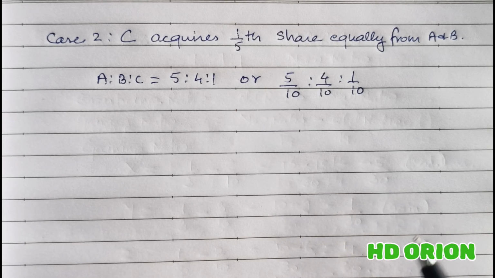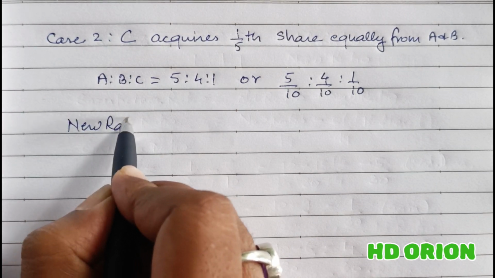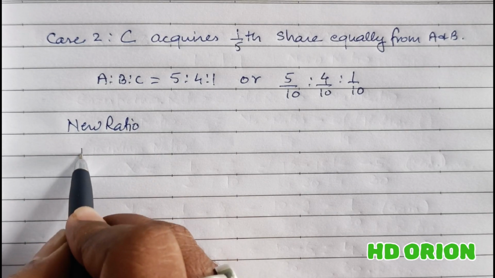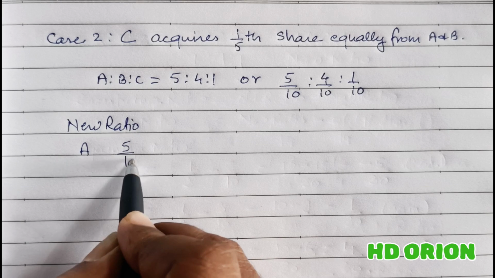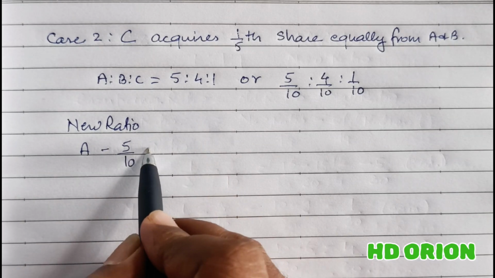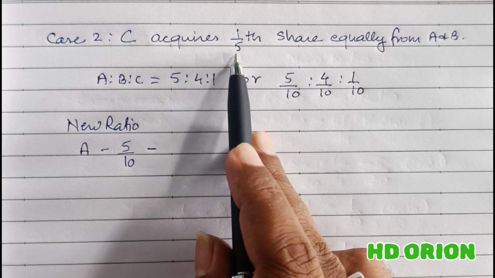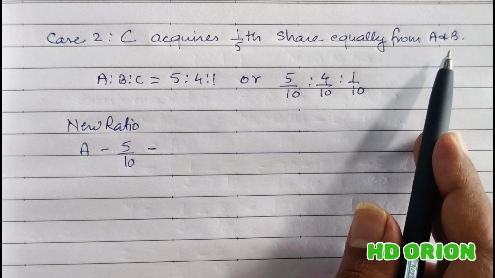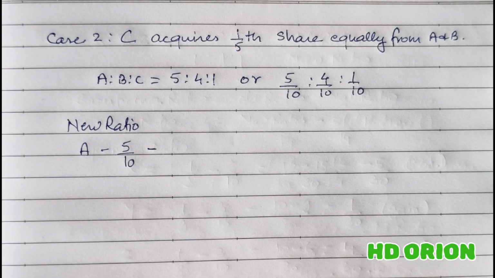So let us understand it when we calculate the new ratio. For A, earlier getting how much? 5/10. Okay, now A is sacrificing something because it is given here. Acquires means from A and B, means A and B have to sacrifice. They have to sacrifice so that C can gain.